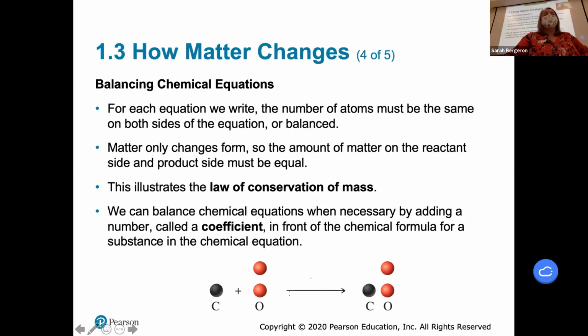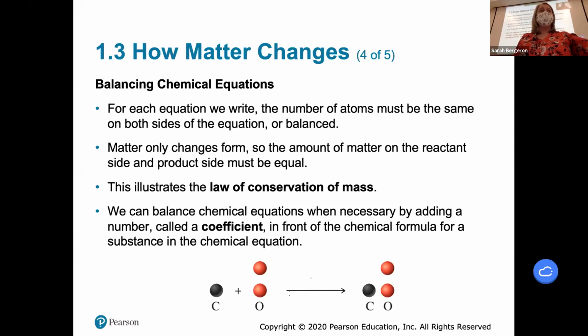You have to balance chemical equations. You cannot create matter. You cannot destroy matter. We can't do it. That'd be cool, but we can't. So you have to have the same number of atoms in the reactant as you do in the product. So you pick one element, pick carbon.